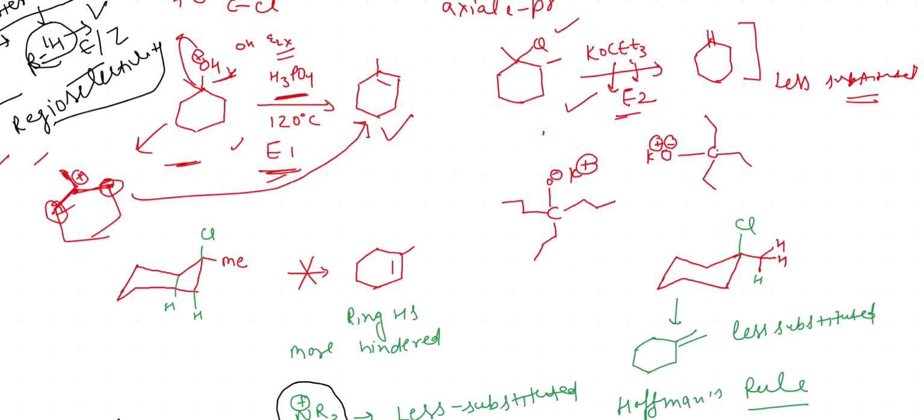That's why we are getting the highly substituted product there. So I have just drawn its chair form. Chlorine is present at the axial position and methyl is at the equatorial position. And these two adjacent hydrogens are anti-periplanar to chlorine. These are two hydrogens.